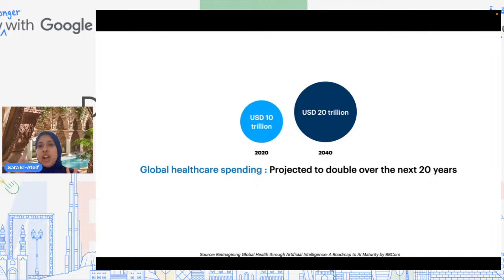When we have lots of demand and very low supply, which means low numbers of healthcare providers and a higher number of patients, the market, which in 2020 was around 10 USD trillion, is supposed to double 20 years from now to become like 20 USD trillion. That's the value of the market of healthcare.